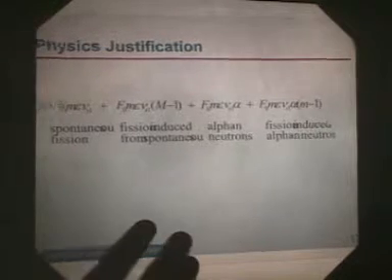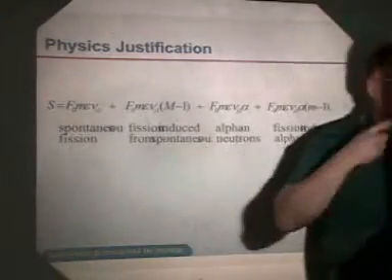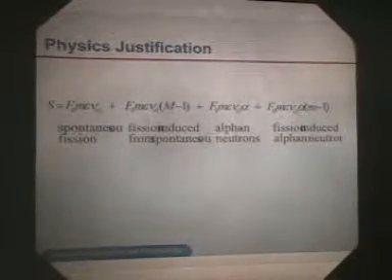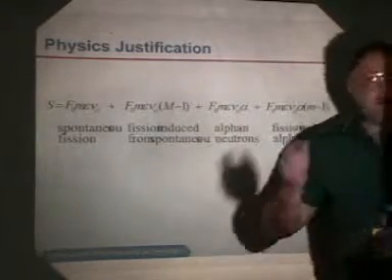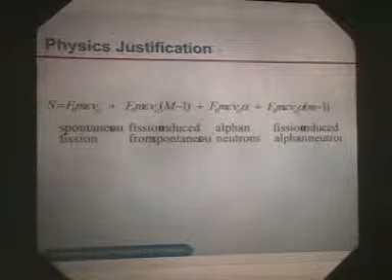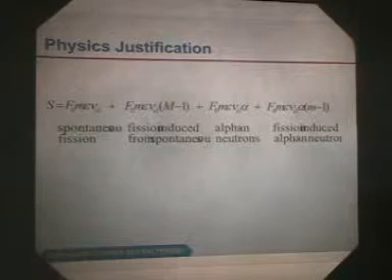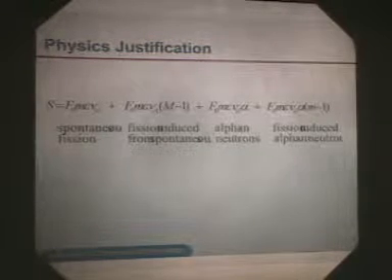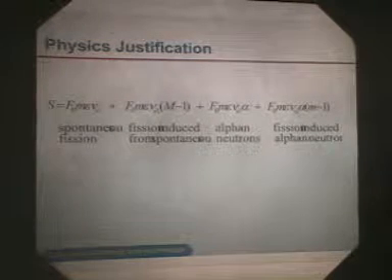If you take a look at these term by term, this first term is those total neutrons that you get from spontaneous fission. The second term is those total neutrons that you get from induced fission, where the induced fission was caused by a spontaneous fission neutron. The third term is those neutrons that are caused by alpha-n neutrons.